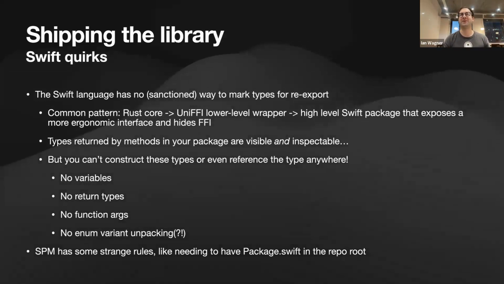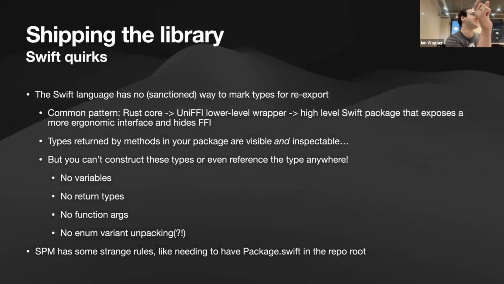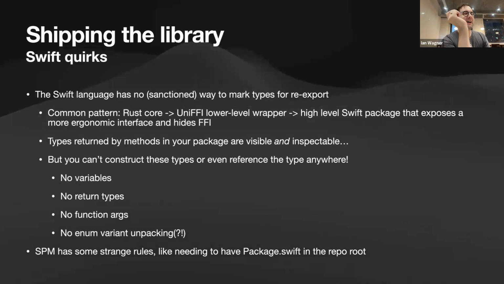But if you're going to do that, you can't construct these types from the outside, and you can't even reference the type anywhere. It's really messed up, actually. Even though I've got this function that returns a route, in my Swift code that's two layers removed from it, I can inspect the result as a return type. So I can say let foo equals this function that returns a route.